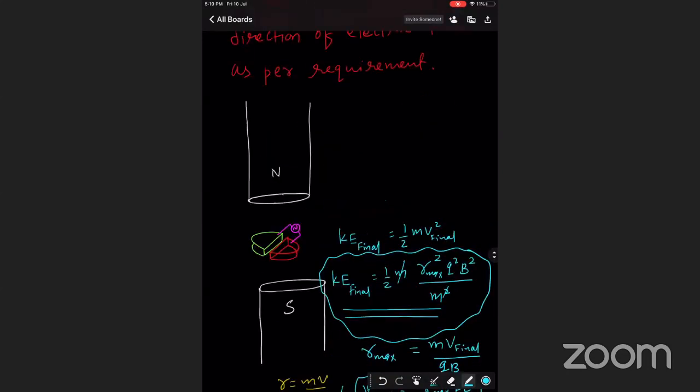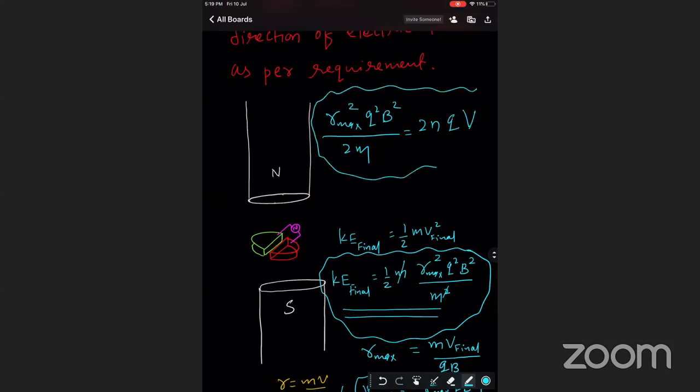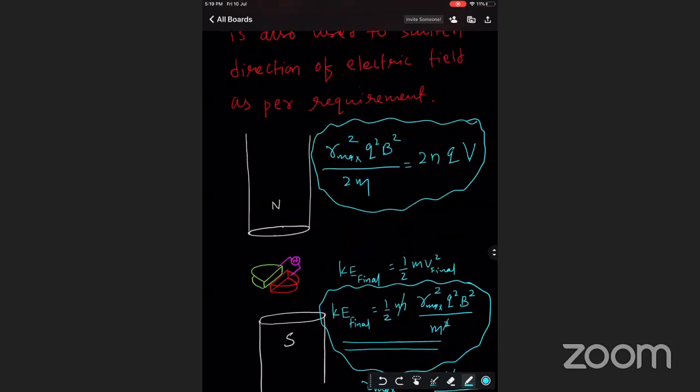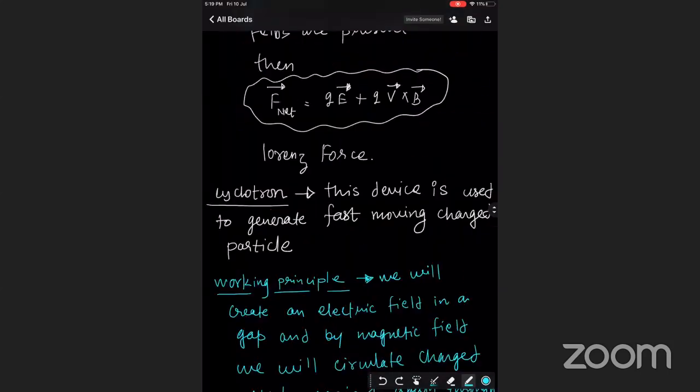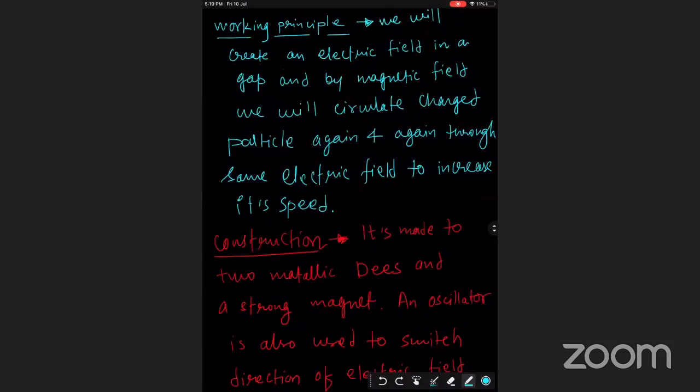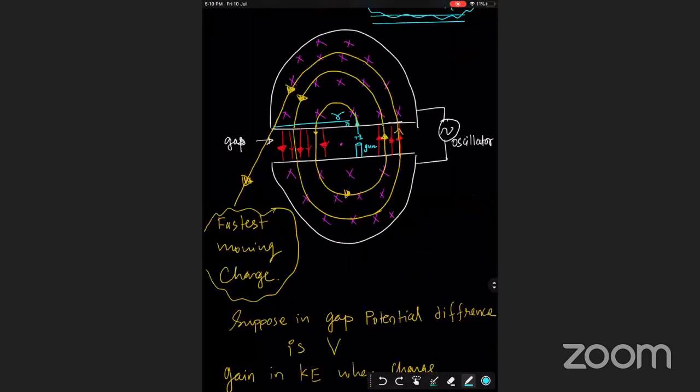So we can write R max square Q square B square divided by 2m is equal to 2n Q delta V. Okay. So by using this equation, we can find a lot of unknowns as per the question. Understood cyclotron, everyone? Yes, sir. Any doubt, any small doubt, please ask.